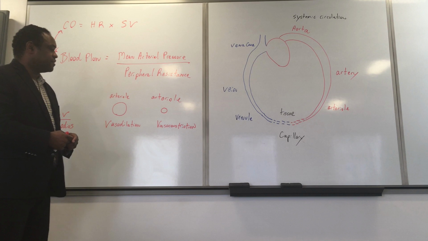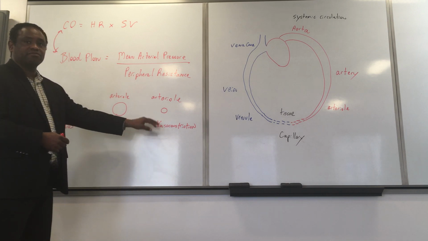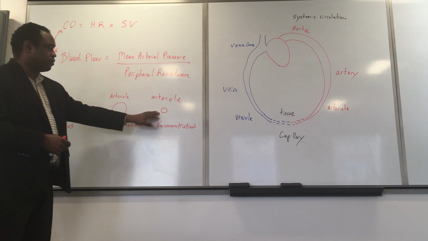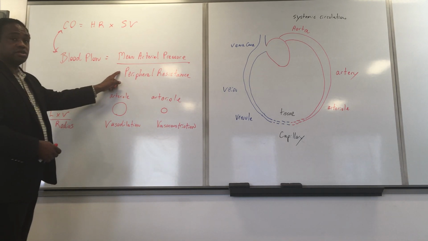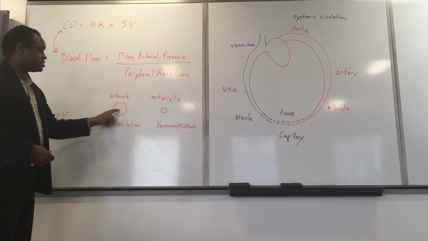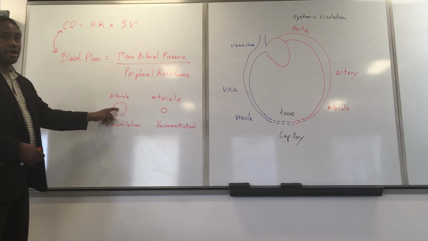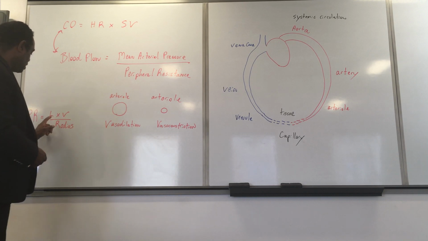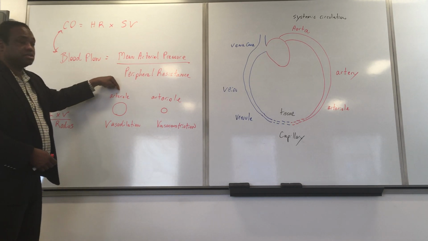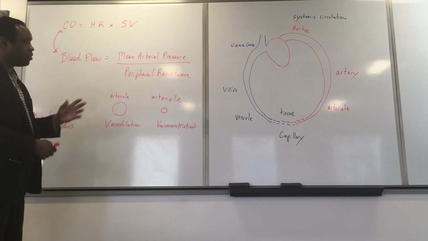If my arterioles vasoconstrict, I've decreased the radius. So therefore, your peripheral resistance increases. If I vasodilate, then the diameter or radius increases, and that means my peripheral resistance decreases. That's all you have to keep doing.